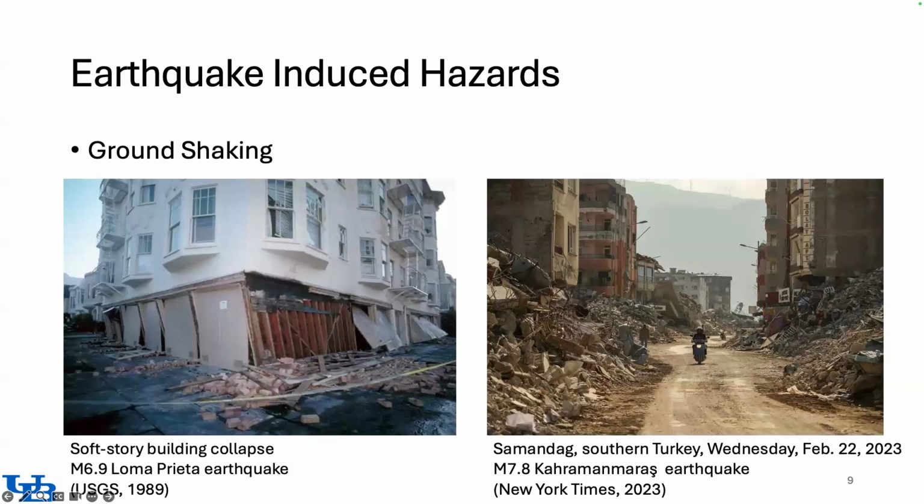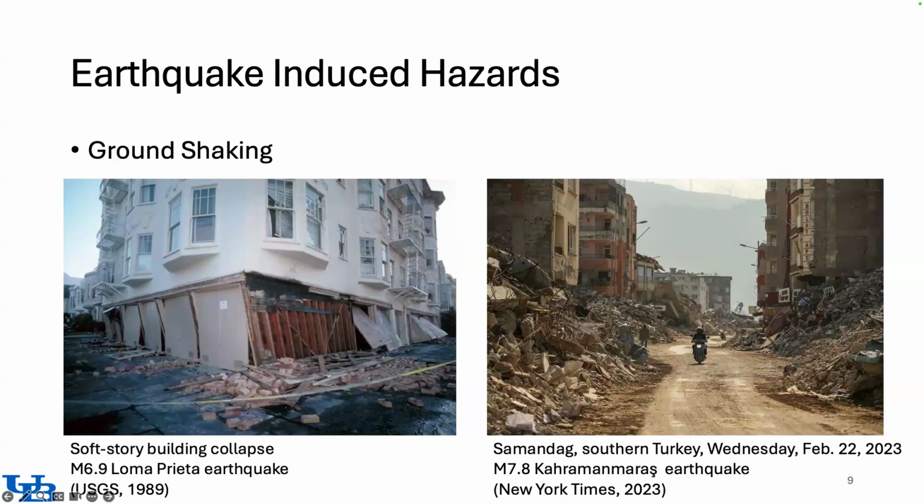And there are a number of earthquake-induced hazards that we will cover. The most obvious one is ground shaking. That's simply the additional inertial loading that our structures are exposed to when an earthquake happens, and it has had devastating effects through a number of earthquakes.